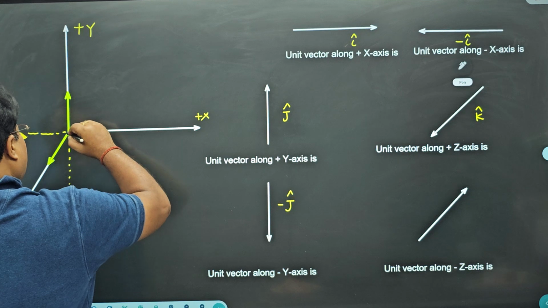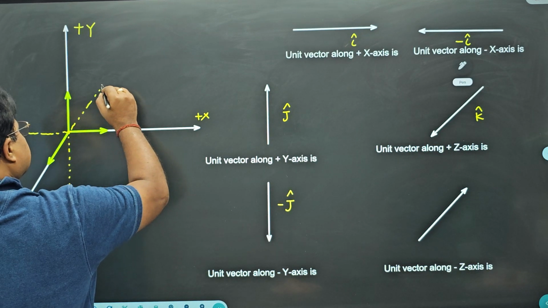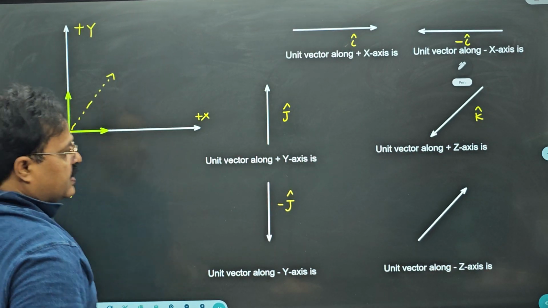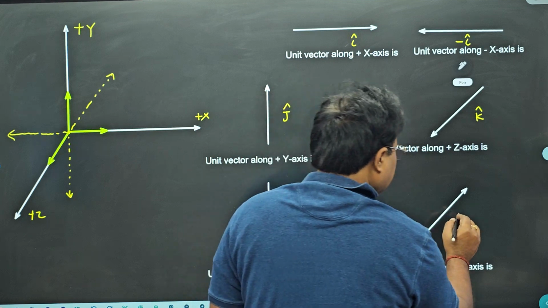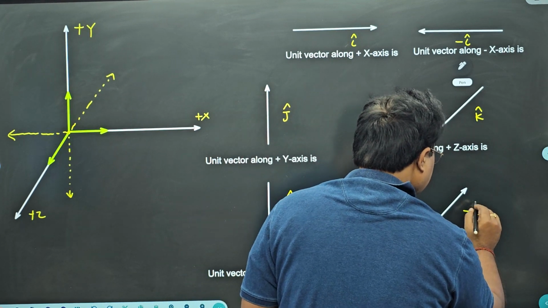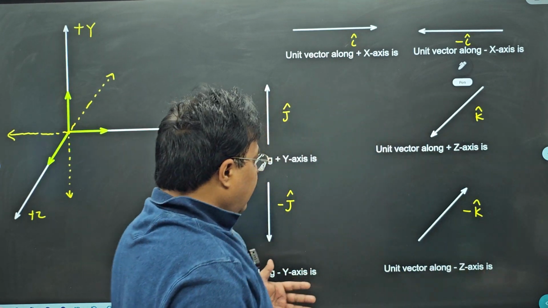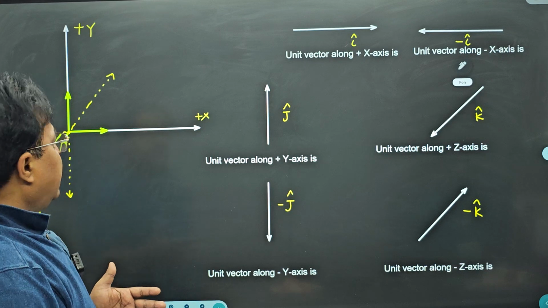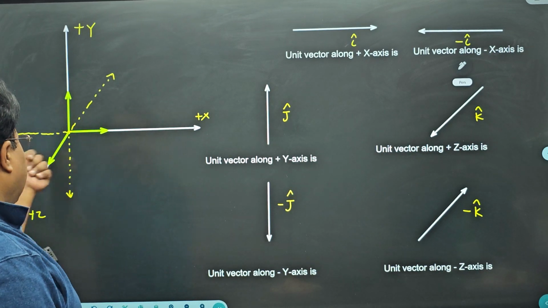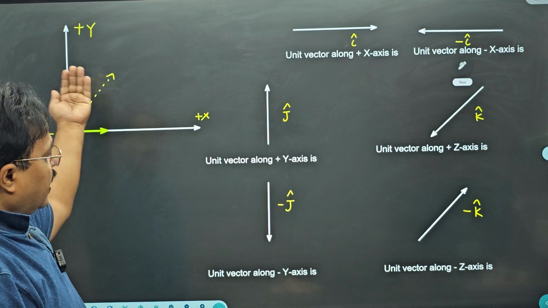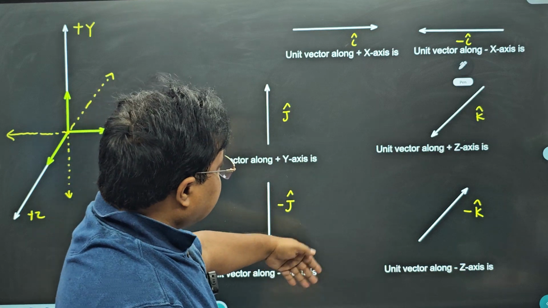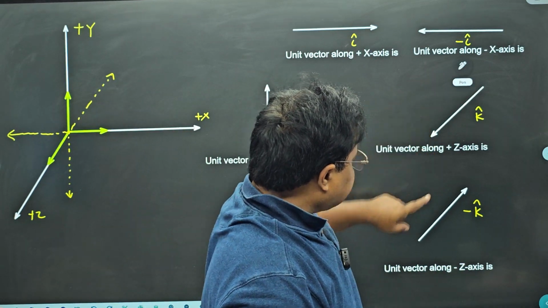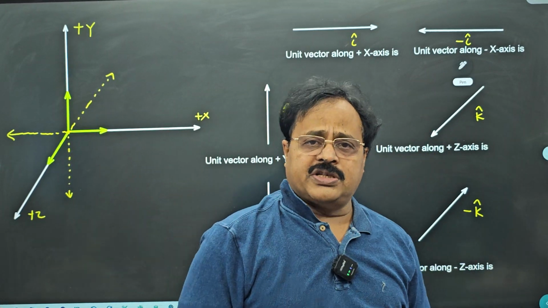Similarly, if you go along the negative direction of z-axis, the unit vector is minus k cap. So these are the unit vectors along the positive and negative directions of the x-axis, y-axis, and z-axis.